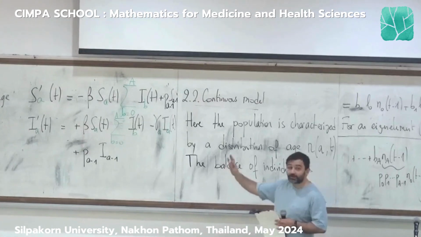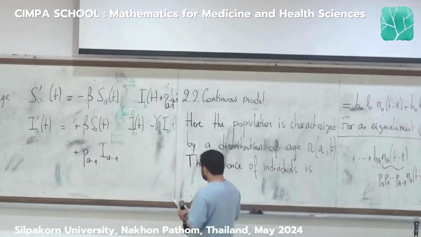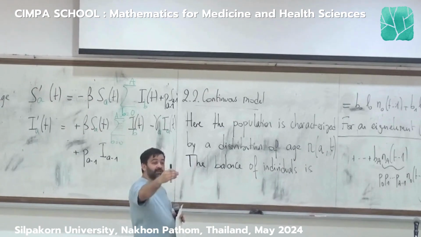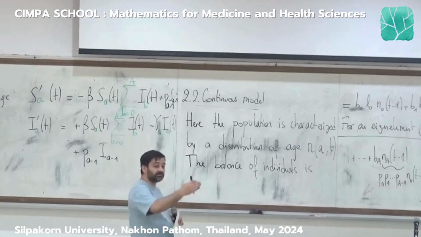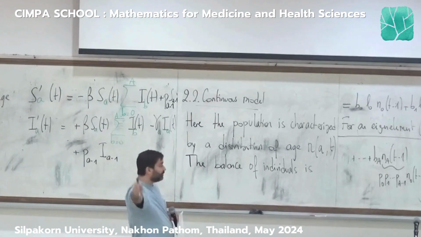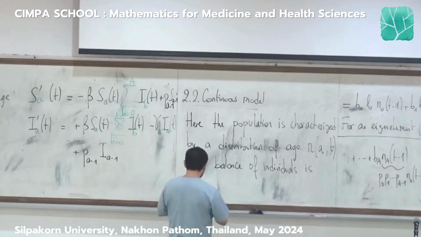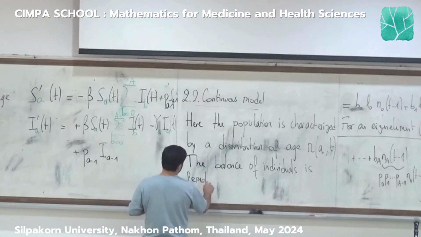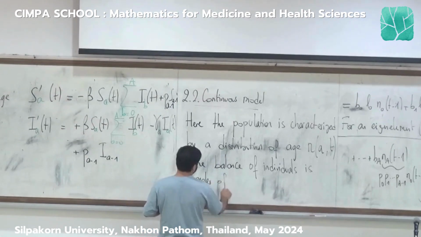It's exactly what I did before, but instead of the discrete age, we do exactly the same with the distribution n of a, at time t.